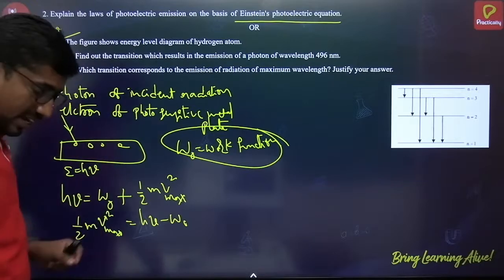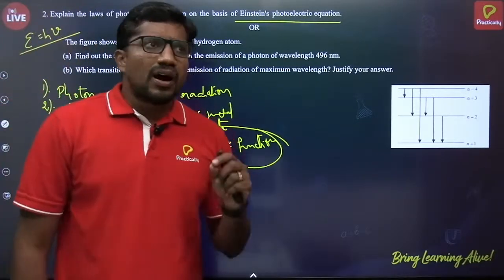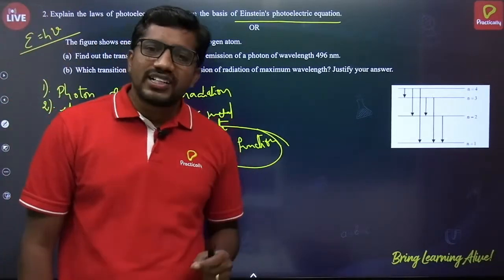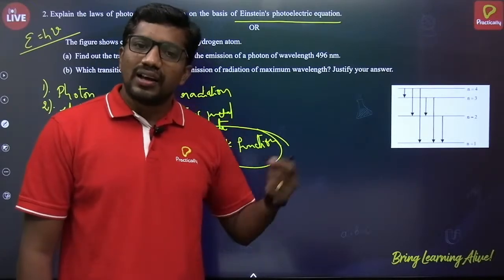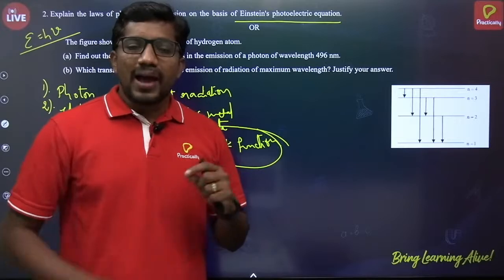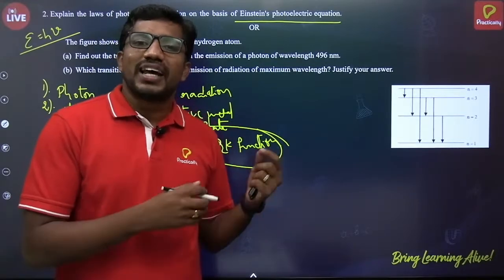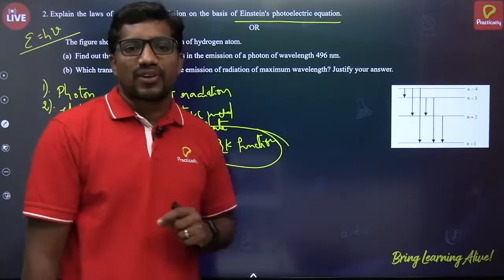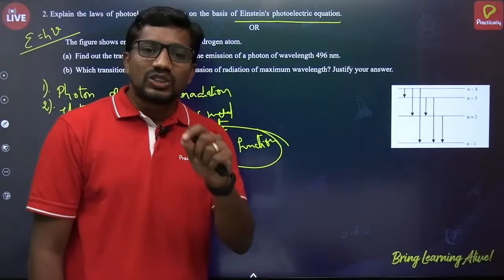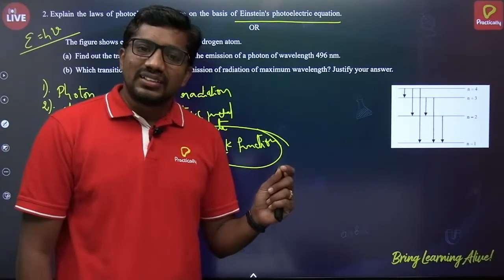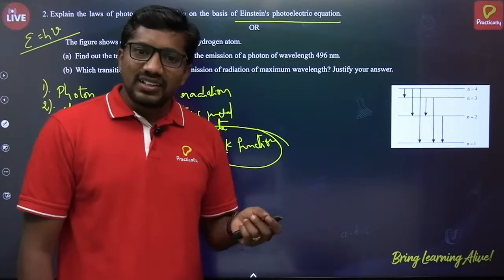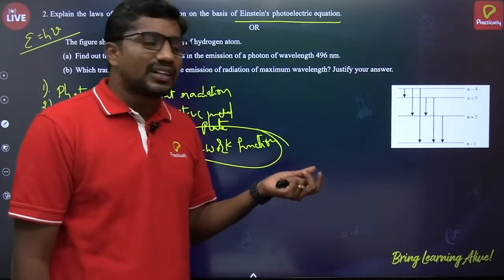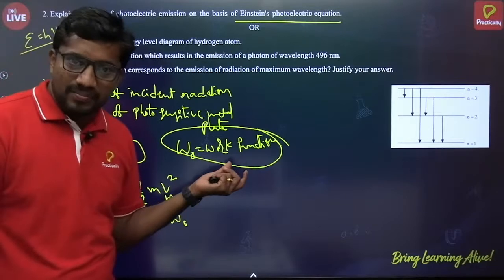Okay, so here mostly less than 1% of the photons can impart energy to the photoelectrons. So the maximum of the photons will spend their energy to liberate the electrons from the photosensitive plate. Most of the photons will utilize their energy just to liberate the electrons, which is equal to the work function.